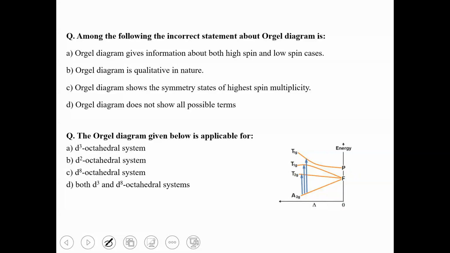If you have a D1, D6, D9, or D4 term, you will go to the first part of the Orgel diagram, and other terms excluding D5, you will go to the second part of the Orgel diagram. So just try to identify.